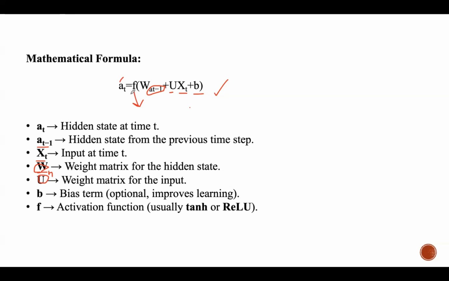Here tanh ensures that the hidden state value remains between -1 and 1, preventing uncontrolled growth. Whereas if you use ReLU as the activation function, it helps mitigate the vanishing gradient problem, but it can lead to dead neurons also. This equation allows the RNN to remember past information while incorporating new inputs over time.